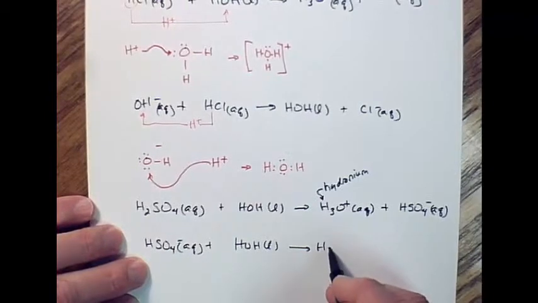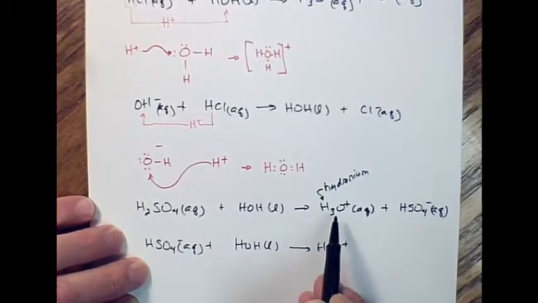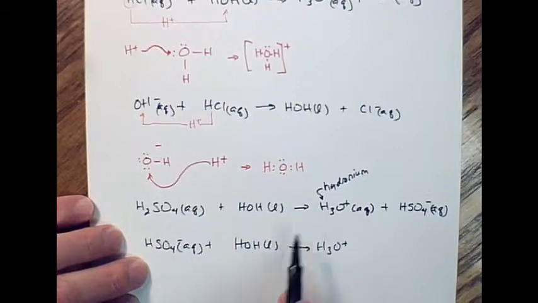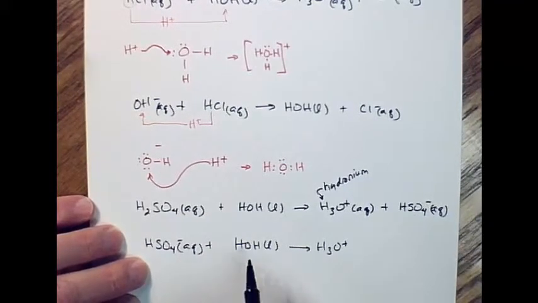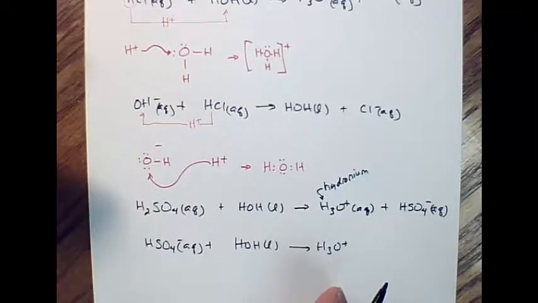And we get hydronium again. We don't add another hydrogen to this. That can't happen. We have to add a hydrogen to a new water molecule. We don't put this hydronium here in the formula. We put a new water molecule in.